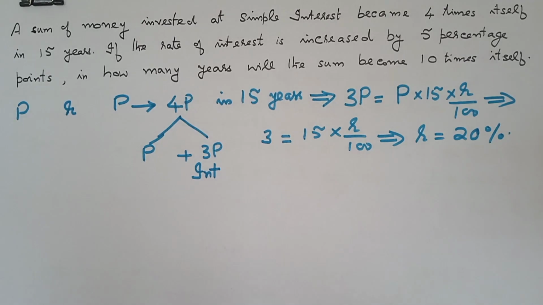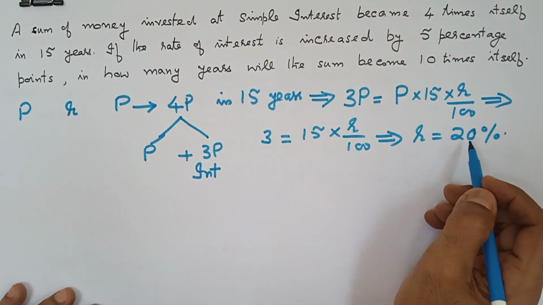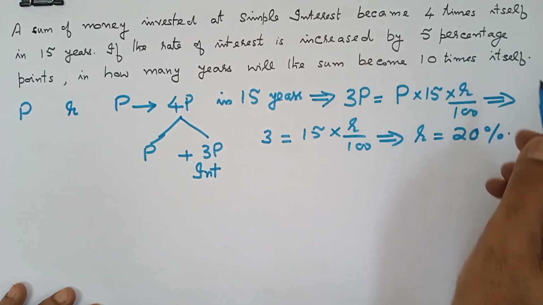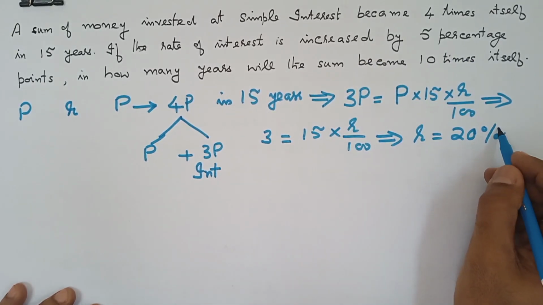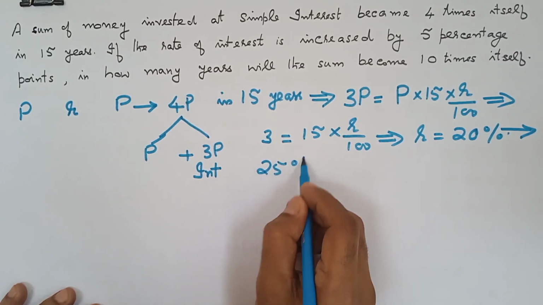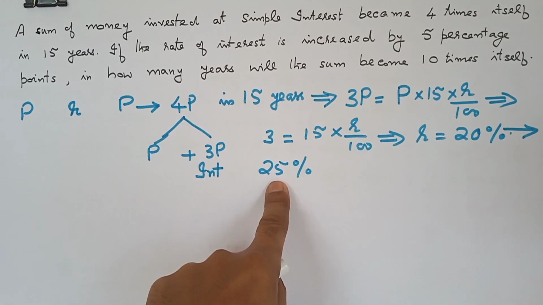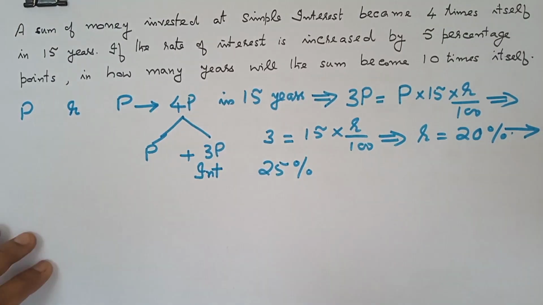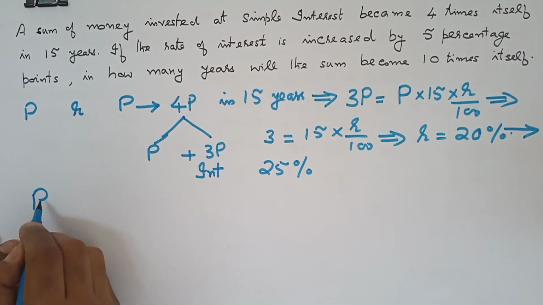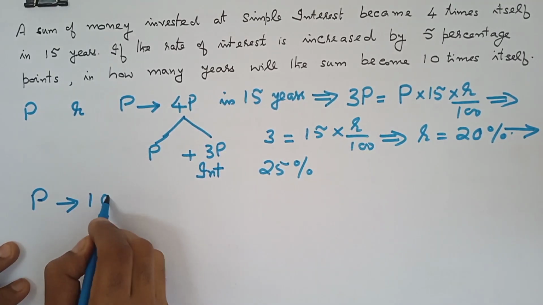Now we are not finding the rate of interest. They say if the rate of interest, which is 20%, is increased by 5 percentage points, which means this becomes 25%. So at 25%, the same sum P, they say, becomes 10 times itself.